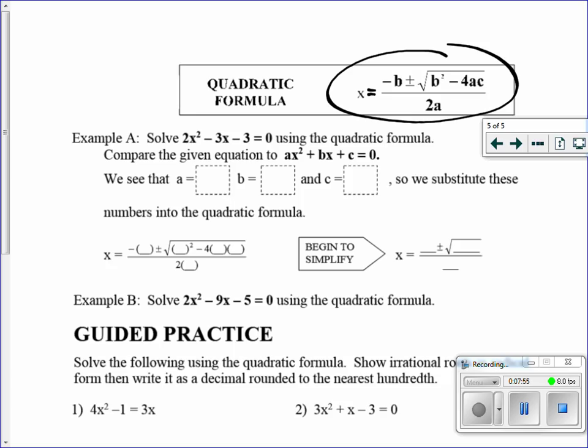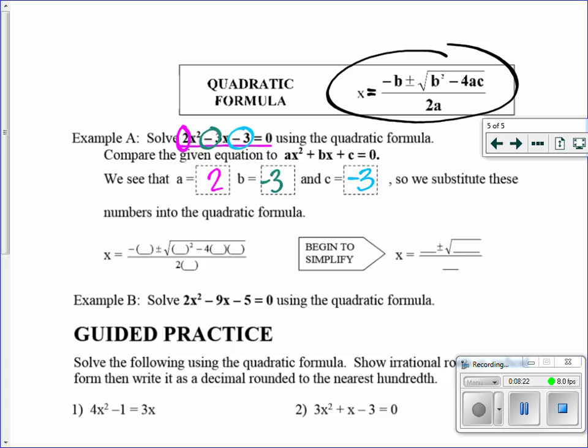So all you do is plug in a values, b values, and c values into your equation. We're going to get into an example because that's going to make it seem a little bit easier. Here's our equation. Our a value is 2. Our b value is -3, and our c value is -3.